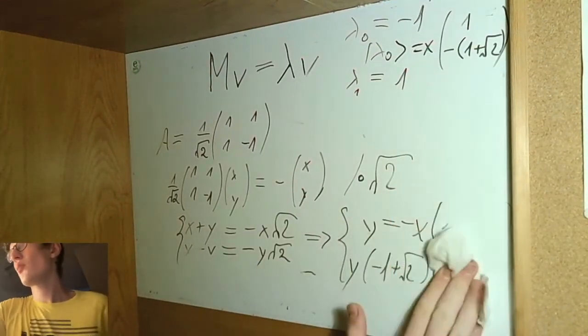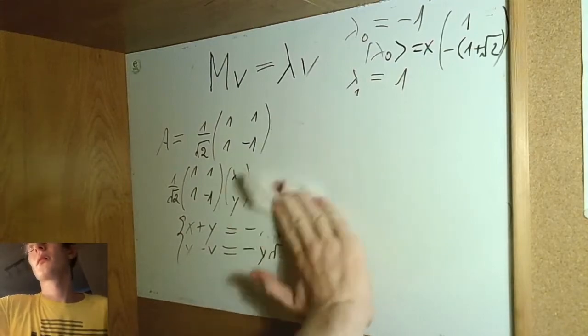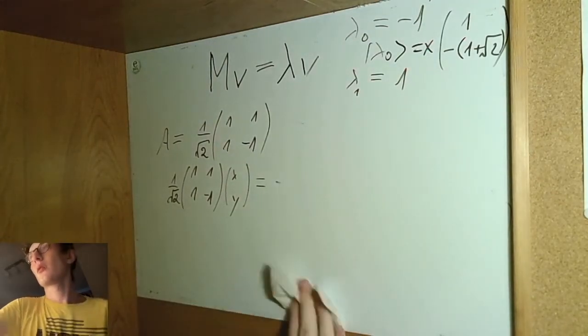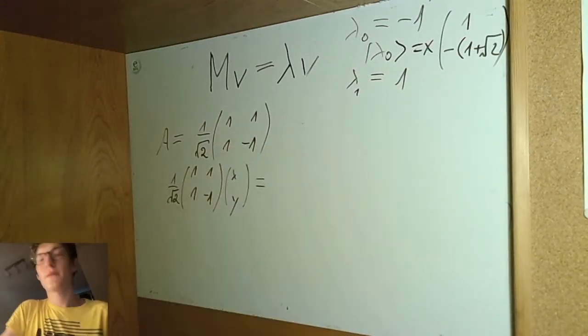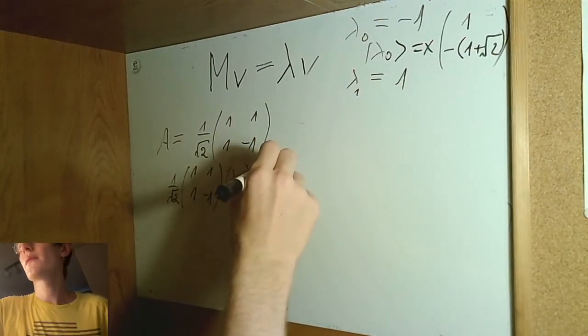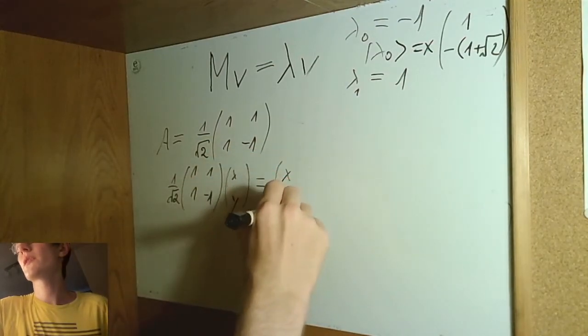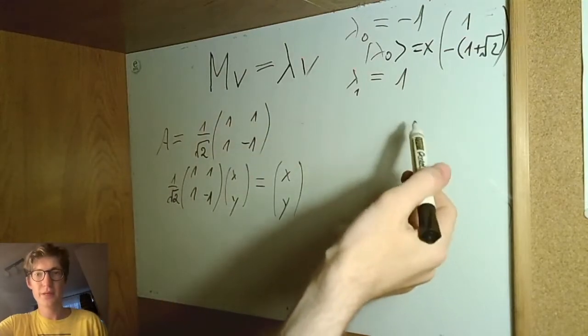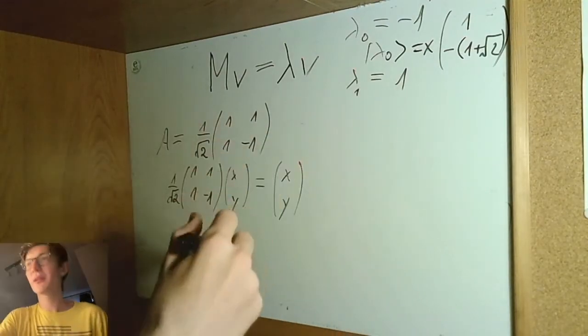And for the second one, now the right side of the system of equations will be just x and y, because we have eigenvalue equal to 1.